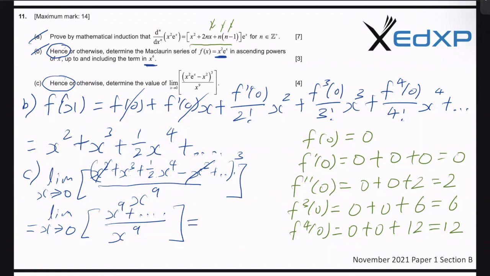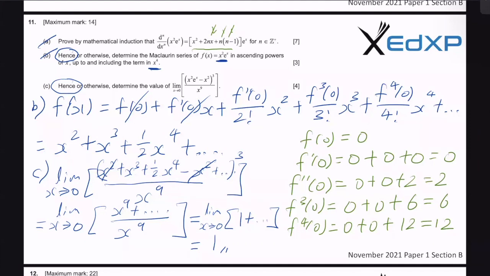We can actually rewrite it as in the limit when x goes to 0, x power 9 divided by x power 9 is 1 plus a series of terms that are going to be less than 1. And when we take x to 0, every other term will go to 0, which means that the limit approaches 1.